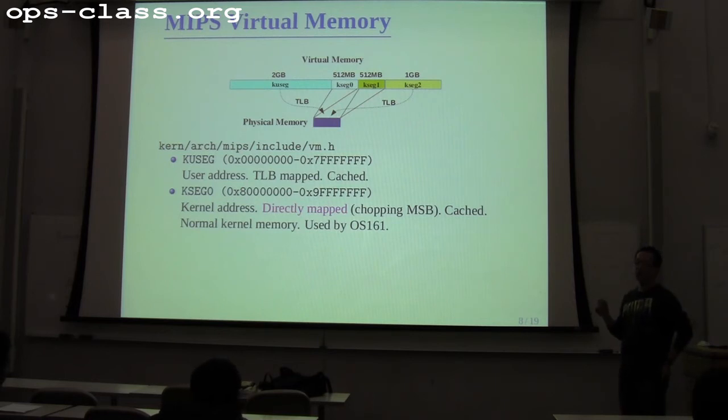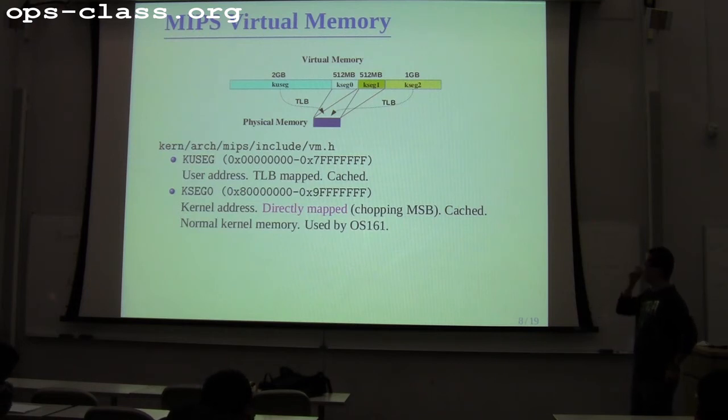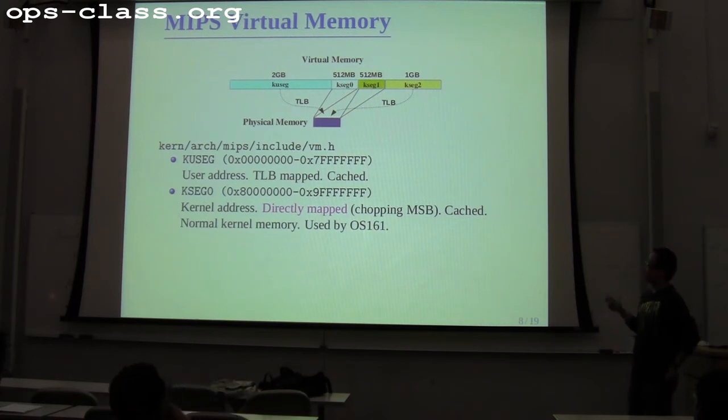So in the process, there will be no TLB involved. It's directly mapped. That's why it's called directly mapped. It's cached as usual. This region is where our kernel lies. Our kernel always uses virtual addresses inside this region, meaning that the kernel has direct mapping and has a view of all the physical memory, right?